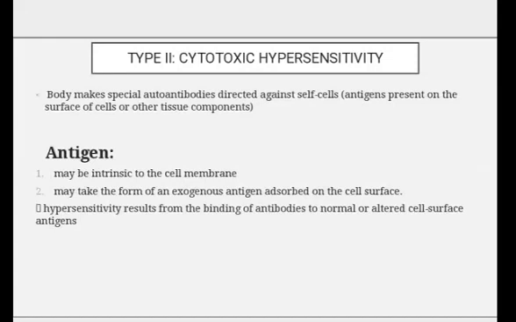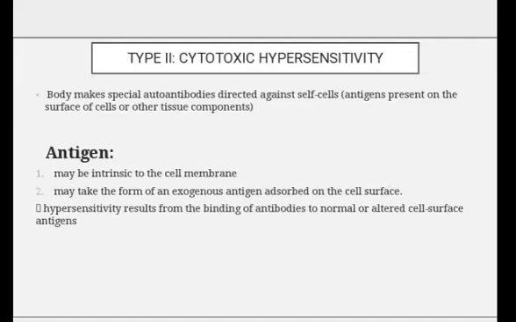It may take the form of an exogenous antigen absorbed on the cell surface. Hypersensitivity results from binding of antibodies to normal or altered cell surface antigens. This type 2 hypersensitivity reaction is referred to as cytotoxic and plays a role in several autoimmune diseases.